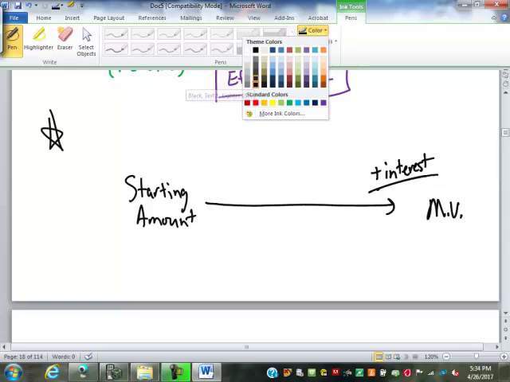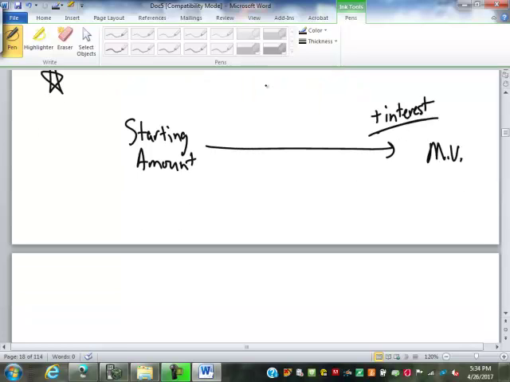Then last week, we talked about compound interest.